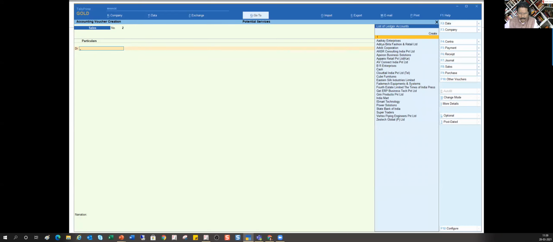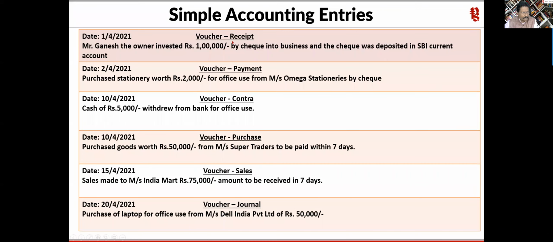So now, what is the next one? So we made a receipt entry, payment entry, contra entry, purchase, sale, and now the journal entry. If you recall, during our voucher type discussion a couple of sessions back, I had mentioned the instances where you will be using these voucher types, right?